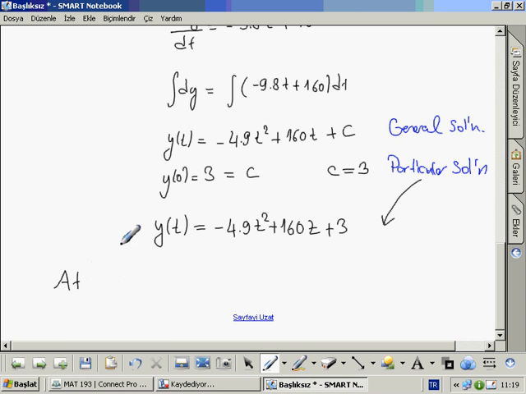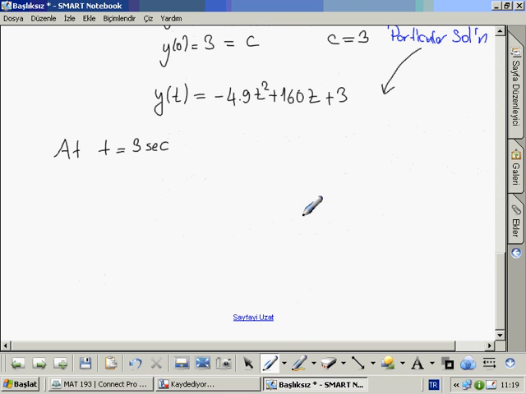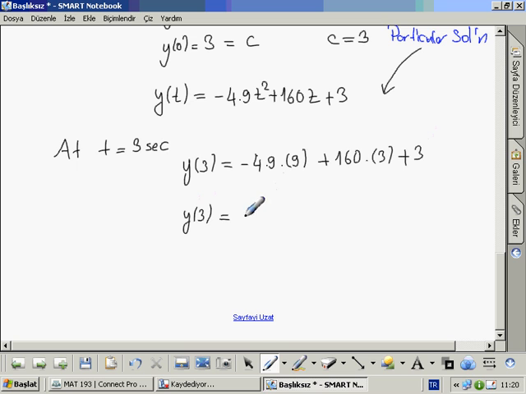Now the question asks, at t equals 3 seconds, what's the position of the projectile? y of 3 equals minus 4.9 times 9, because 3 squared, plus 160 times 3 plus 3, and y of 3 equals 438.9 meters above the ground level.